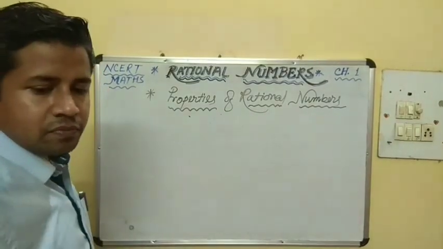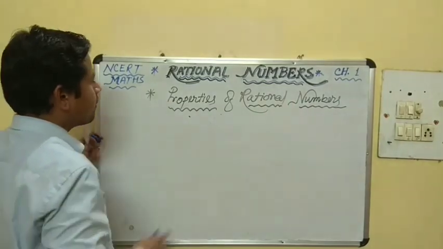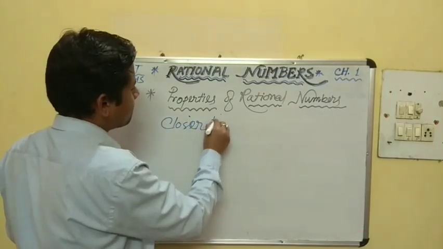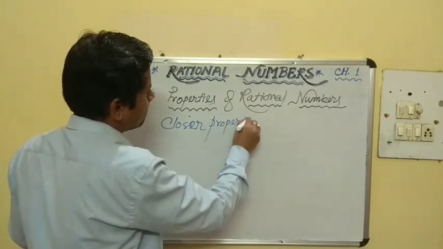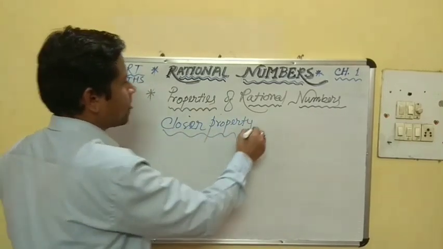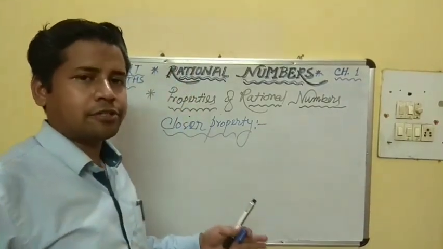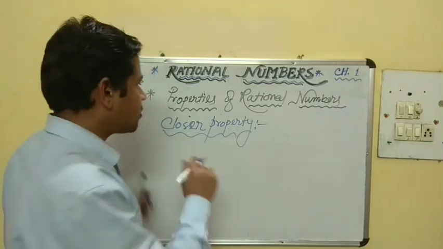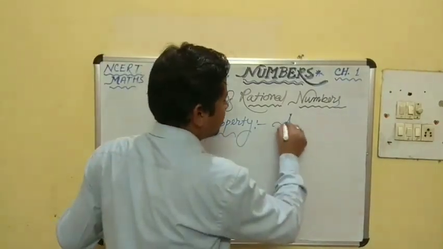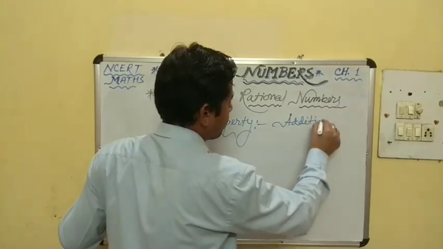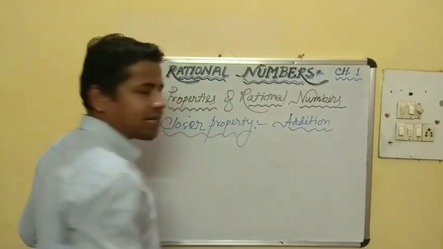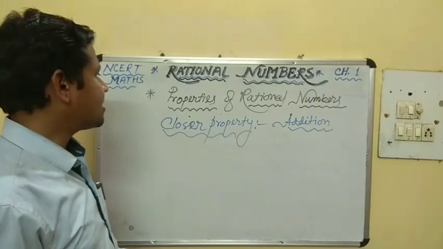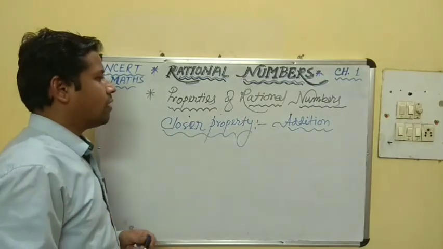First of all, closure property. There are 4 operations: addition, subtraction, multiplication, and division. First of all, in case of addition, let us see how the closure property works or is satisfied by rational numbers.